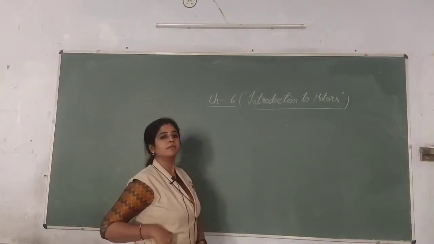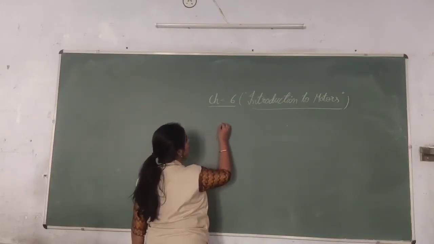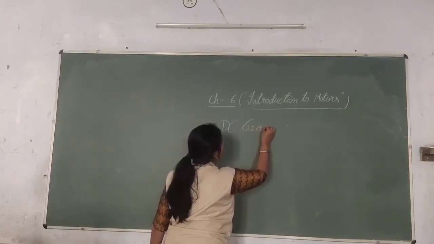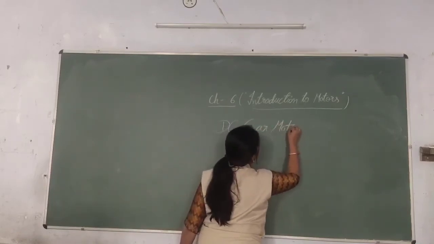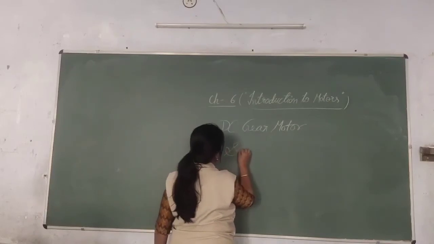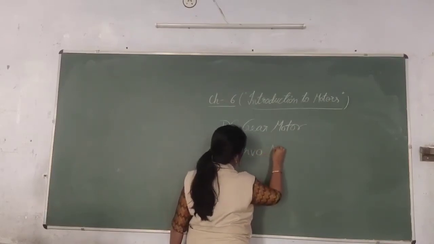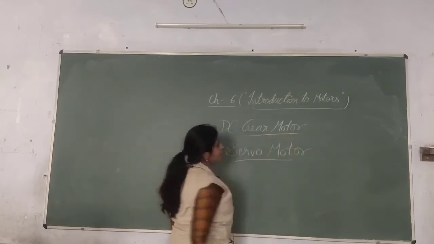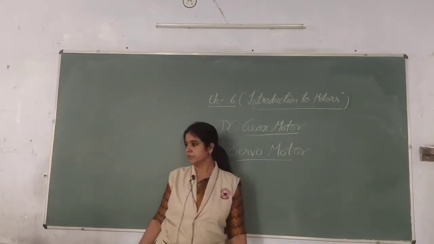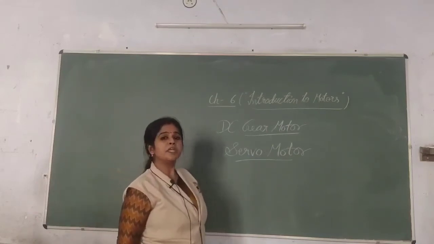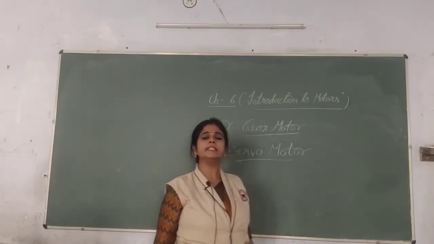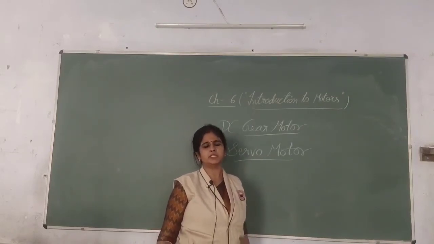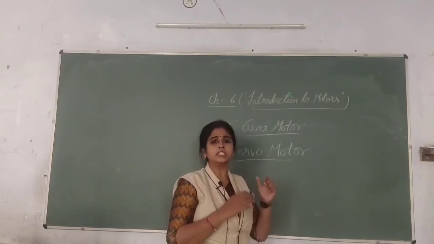Now we will discuss two more motors, that is DC gear motor and servo motor. First we talk about DC gear motor. The speed of DC motor is generally 10,000 RPM, means 10,000 rounds per minute is the average speed of a DC motor.